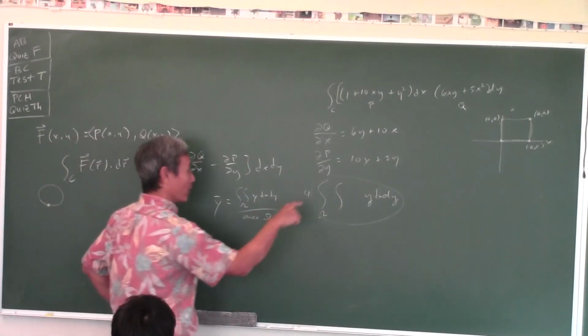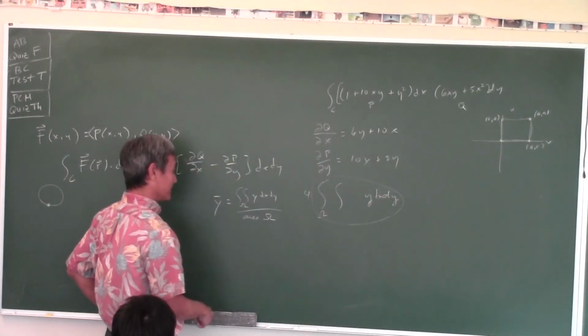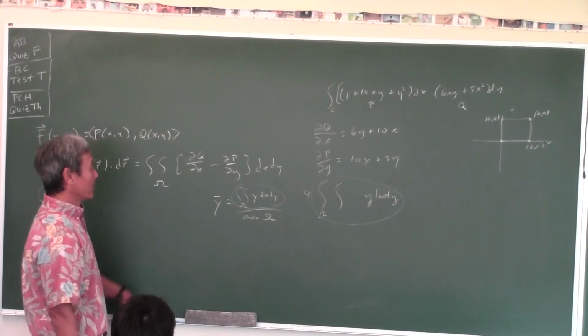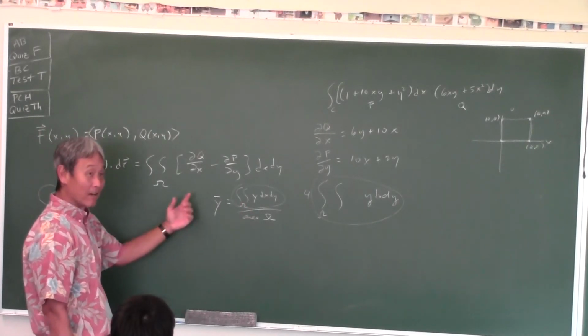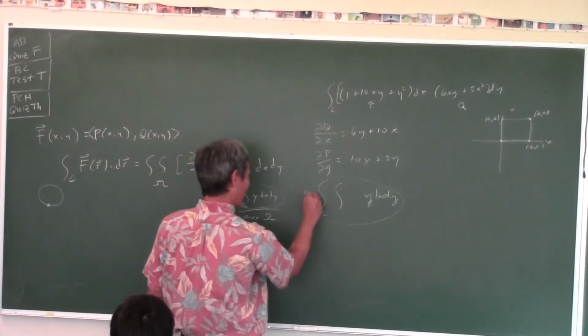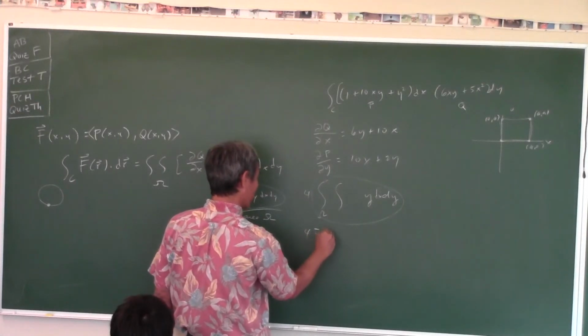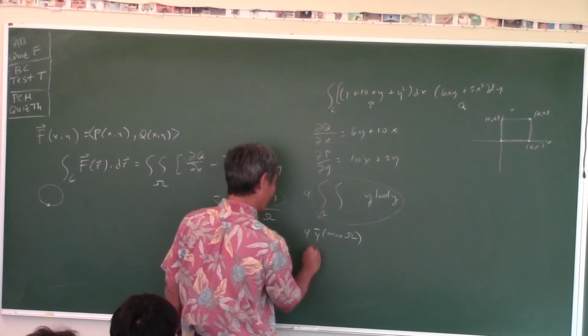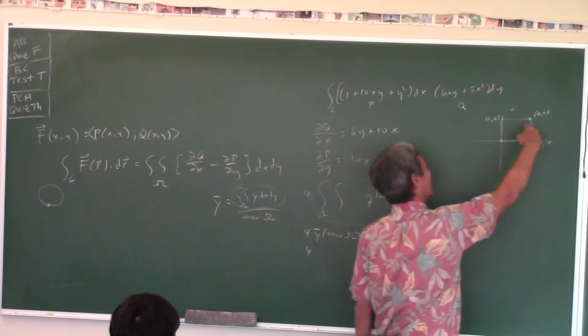So therefore, what is just this part equal to? The y-coordinate of the centroid times the area of omega. So 4 times the y-coordinate of the centroid times the area of omega. Well, look at this region. It's so easy.